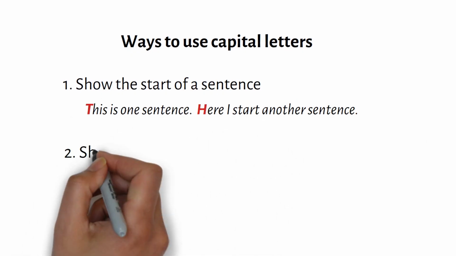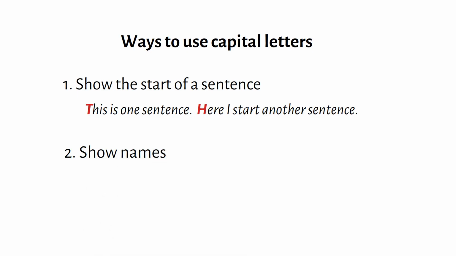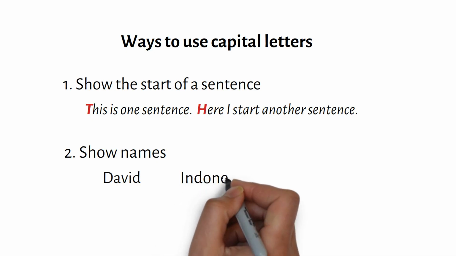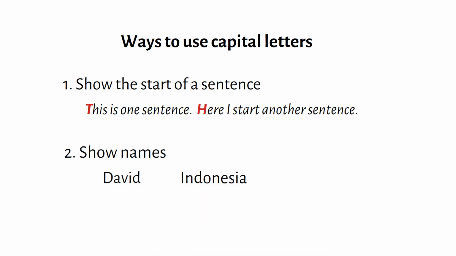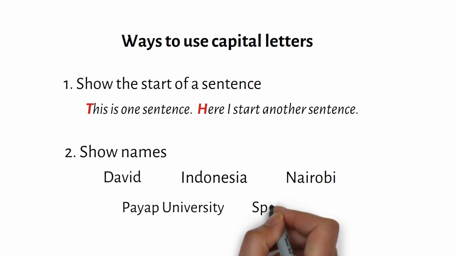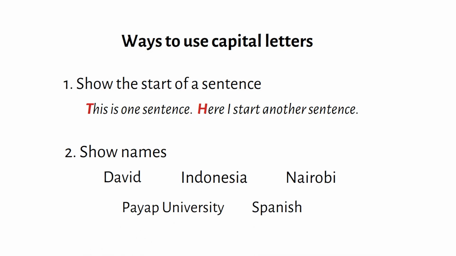The second most common way is to show names, names of people, names of countries, of cities, of schools, languages, and others.